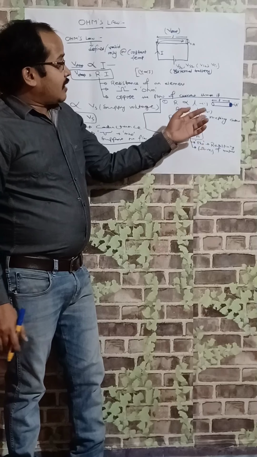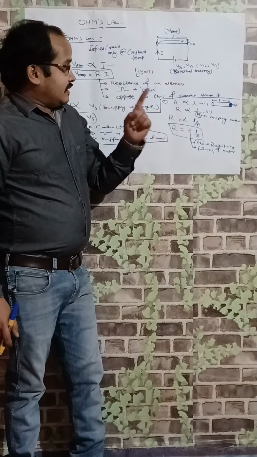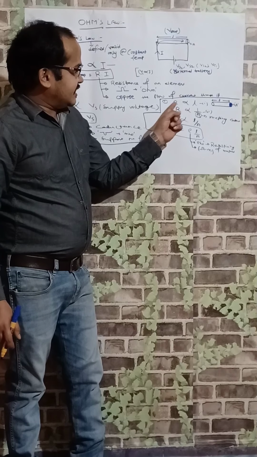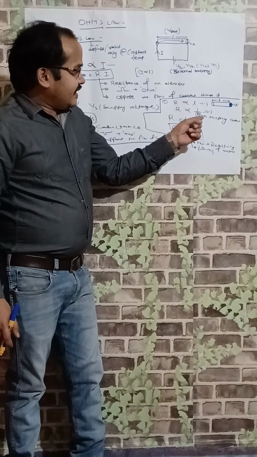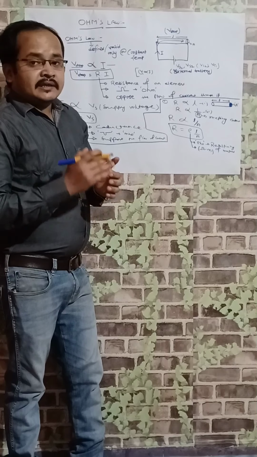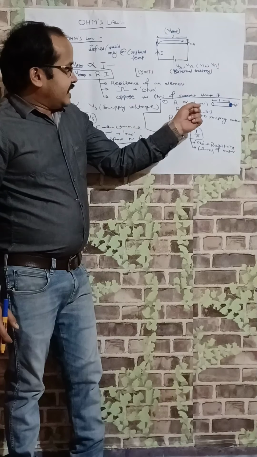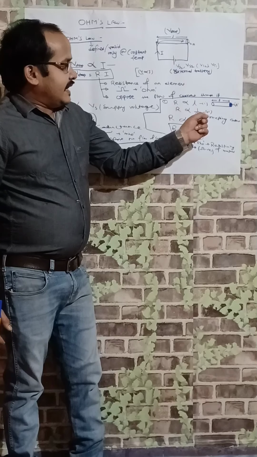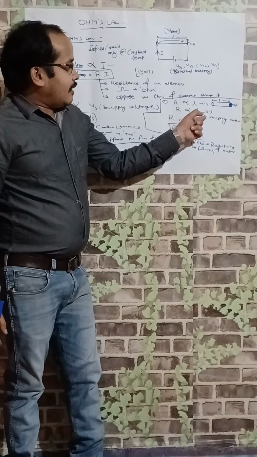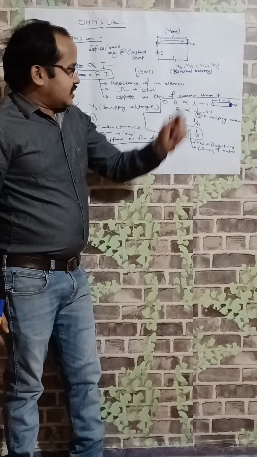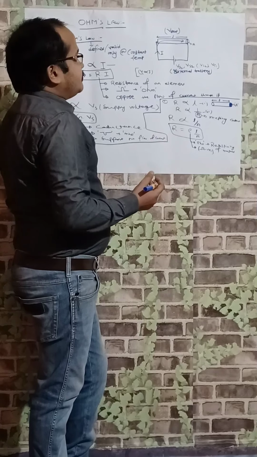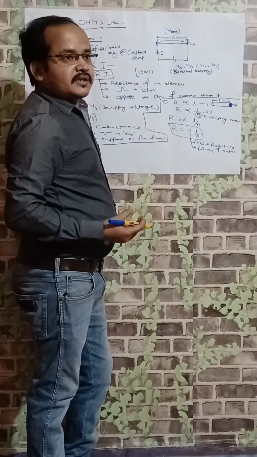No doubt the resistance depends on both length and area of cross section, but while analyzing, we should concentrate on one at a time. If we are analyzing with respect to length, A must be constant. If we are analyzing with respect to area of cross section, length must be constant. Yes. Now, one question is very important.